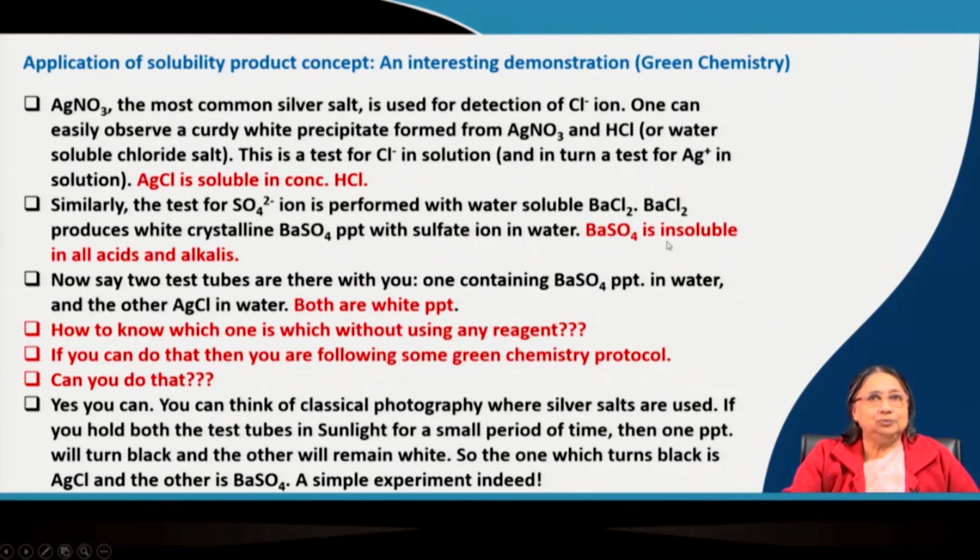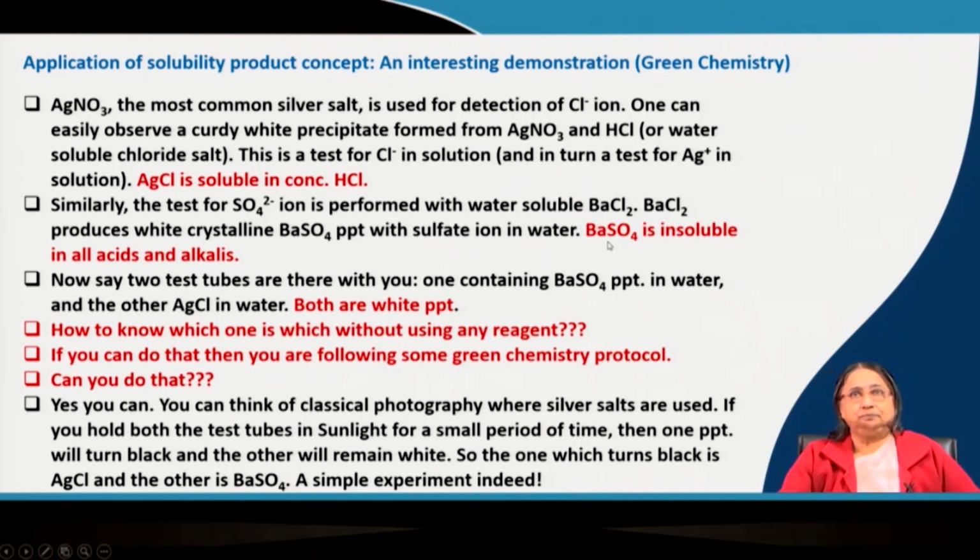Barium sulphate is insoluble. You have already learned from the solubility product in the earlier lectures. But the property is different. Here both are white precipitates, silver chloride and barium sulphate. But silver chloride is a curdy white precipitate which sticks to the surface of the test tube, but barium sulphate is a crystalline precipitate which you can see.